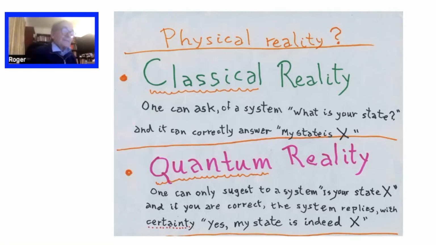Every time, if the setup is exactly the same, it will say, yes, my state is X. However, if you don't have it right, maybe you've got a little bit wrong, then maybe 80% of the time it will say yes, and 20% of the time it will say no. You might have it nearly right, but not quite right. But you're not going to be able to tell. You can't ask it what its state is. You can confirm what your belief is, and if your belief is right, that gives you the kind of reality.